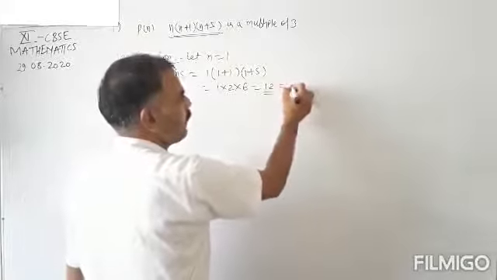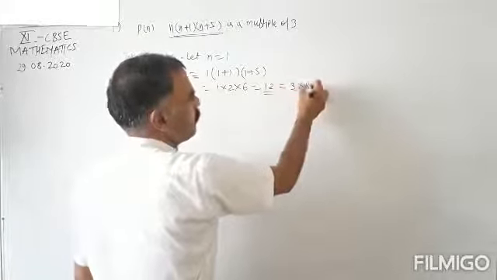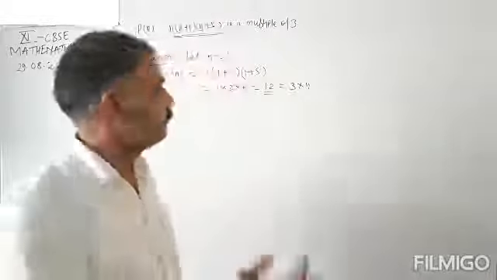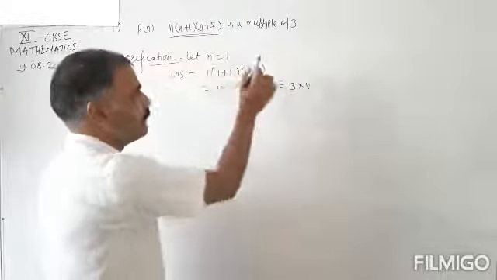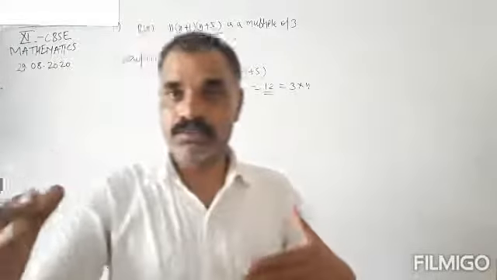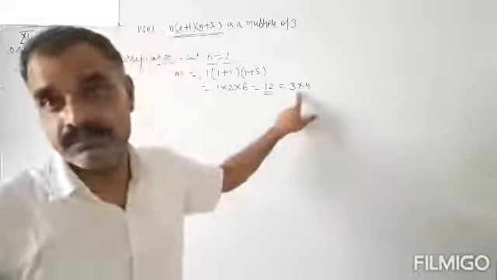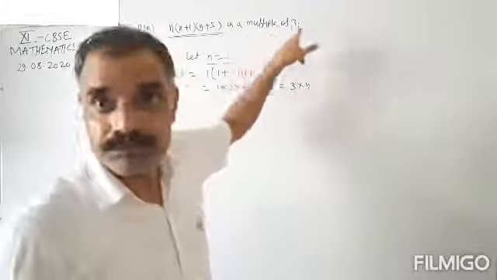And 12 can be written as 3 into 4. So for n equals to 1, left hand side is a multiple of 3, that we want to prove.